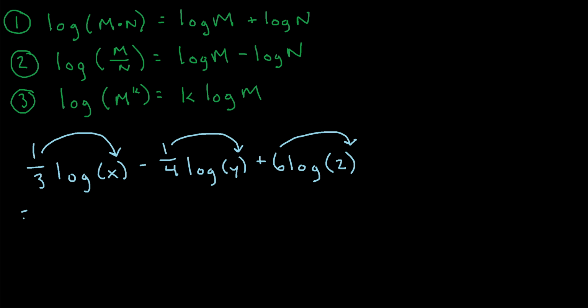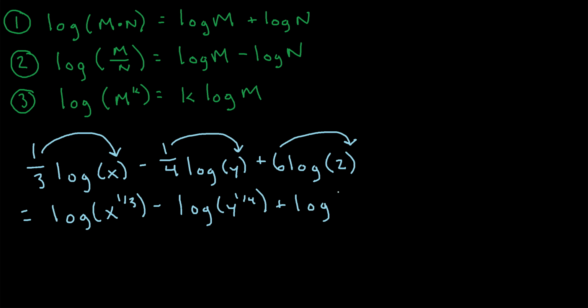So this can be rewritten as log of x to the 1/3 minus log of y to the 1/4 plus log of z to the 6th. Okay, and now we can recall that when we have log of m plus log of n, that can be rewritten as a multiplication.